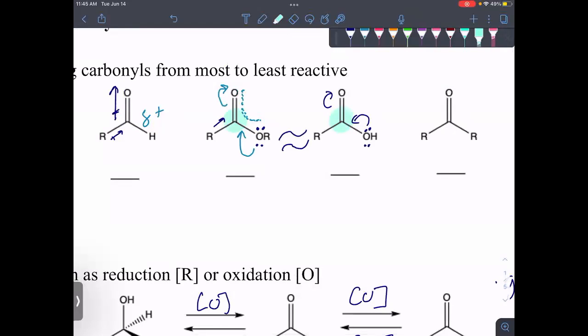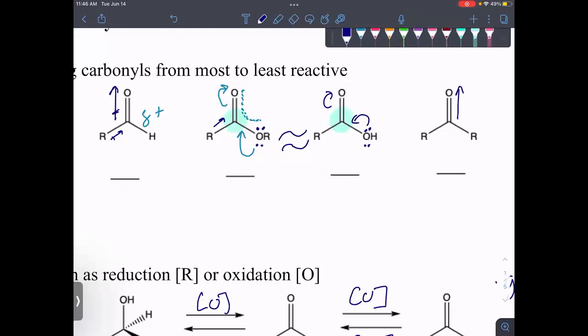So what do we think about the ketone then? The ketone is quite reactive, more or less than the aldehyde. Because it does have delta positive. So comparing the aldehyde and the ketone, they're practically the same, except you lose the hydrogen and replace it with another hydrocarbon chain. So what's happening here is the exact same thing.